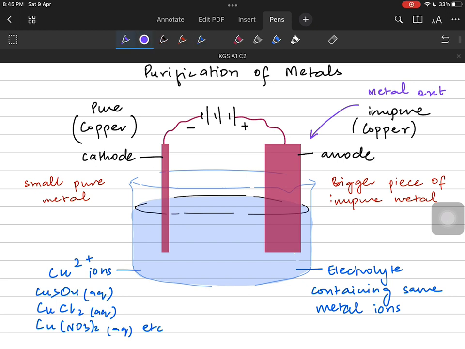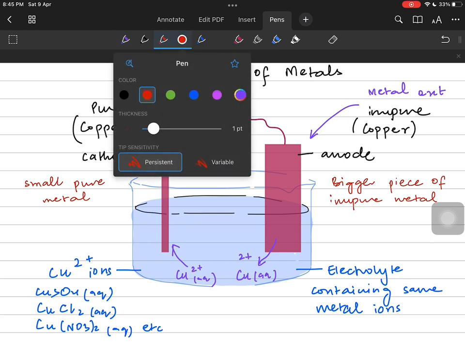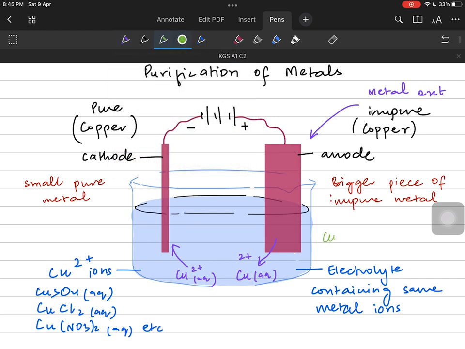A similar process will occur: on the anode you will see oxidation. So the anode copper atoms will start oxidizing themselves and they will release copper ions. These same copper ions will go to the cathode where they will reduce themselves. So on the anode you can see that copper atoms, which have no charge on them, lose their electrons and become 2+ ions.